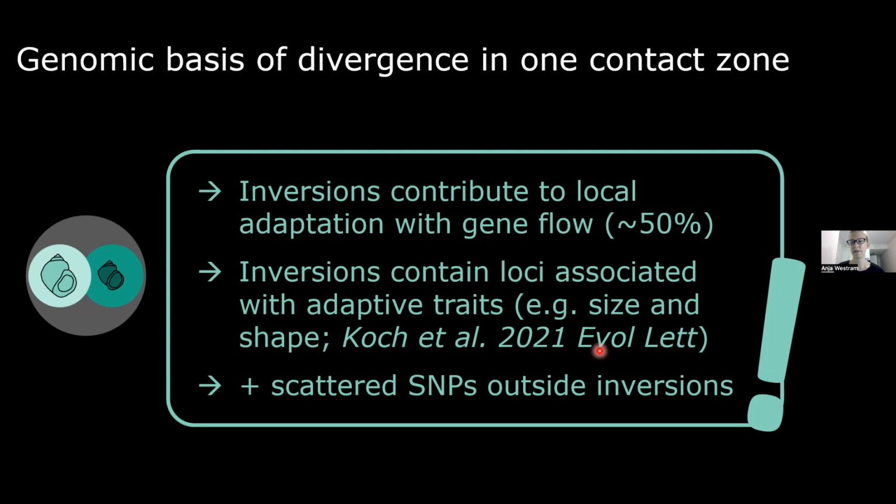And we could also find in a separate study that these inversions are clearly associated with specific traits that are different between the crab and wave ecotypes. So we didn't just find that they are highly differentiated between crab and wave, but we could also directly show that they contribute to things like shell length and shell shape. But we do also find scattered SNPs across the genome that also contribute to ecotype divergence.